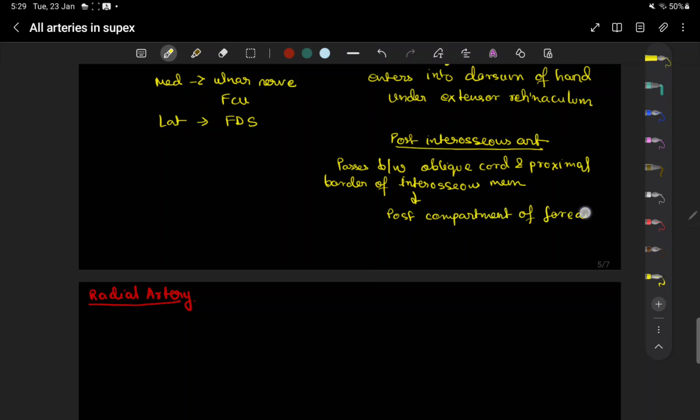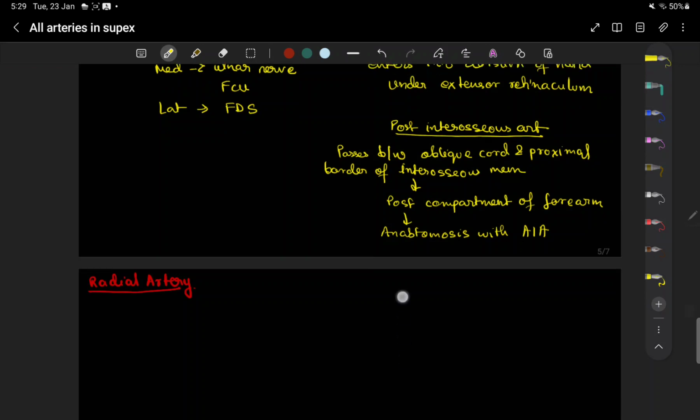And after that, the anterior interosseous artery comes and ends up anastomosing with it. Okay, so that's it for the course. Next we'll move on with the radial artery.